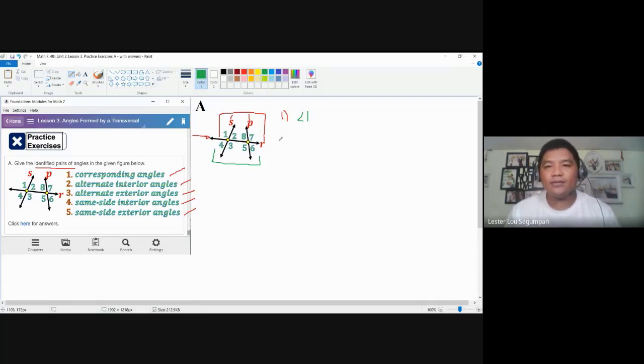Again, angles on the same side. Number 2, non-adjacent angles. And number 3, the two angles to be considered corresponding angles must satisfy the third condition, which is that one of the two must be found on the exterior and the other must be found in the interior.